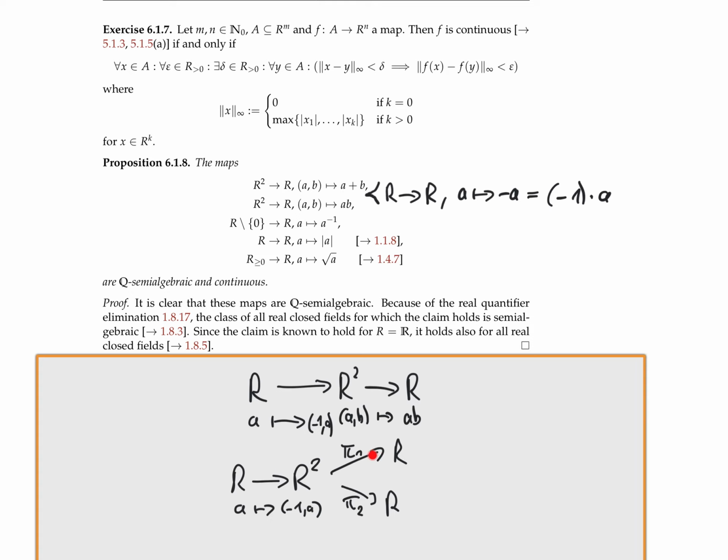But the first composite map here is just A goes to minus 1. It's a constant map, which is trivially continuous. And the other one is A maps to A, which is the identity and is also continuous. Okay, good.